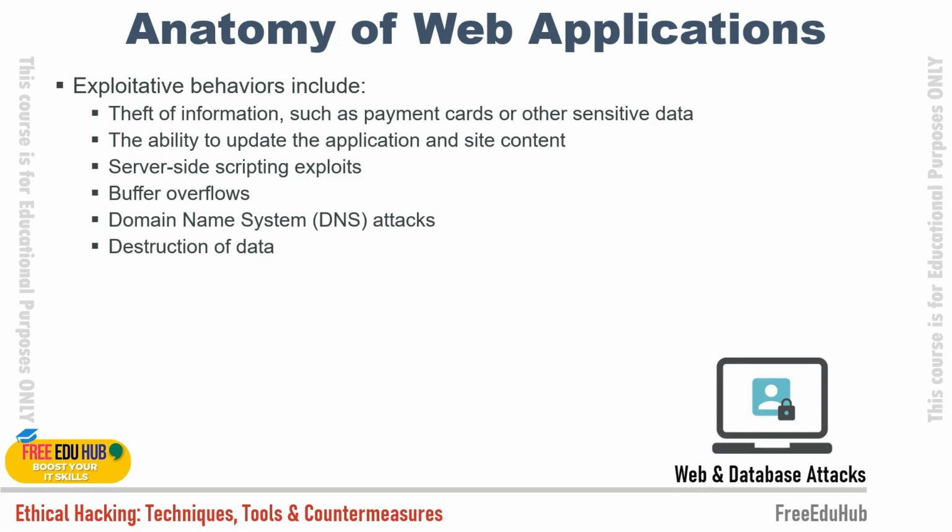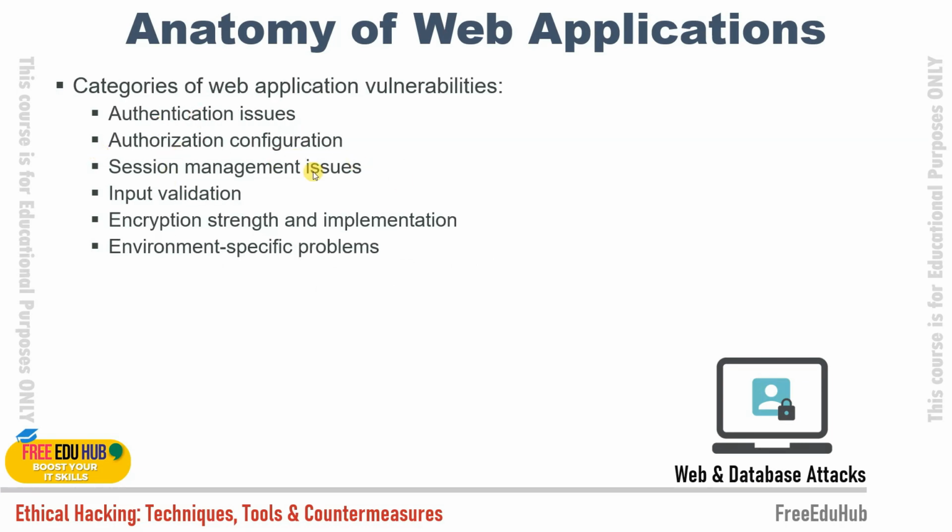With these factors in mind, web application vulnerabilities can be roughly organized into categories: authentication issues, authorization and configuration, session management issues, input validation, encryption strength and implementation, and environment specific problems. So we have to look deeply into authentication issues, like whether they are happening and why, and whether someone is remotely trying to access your computer.